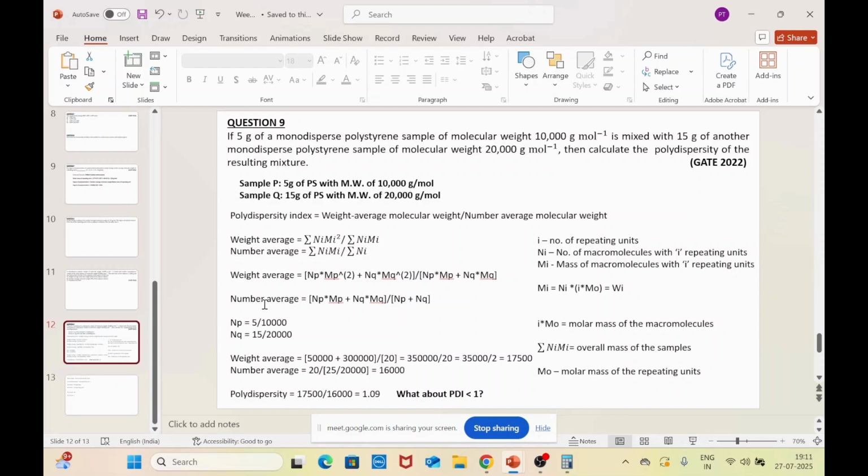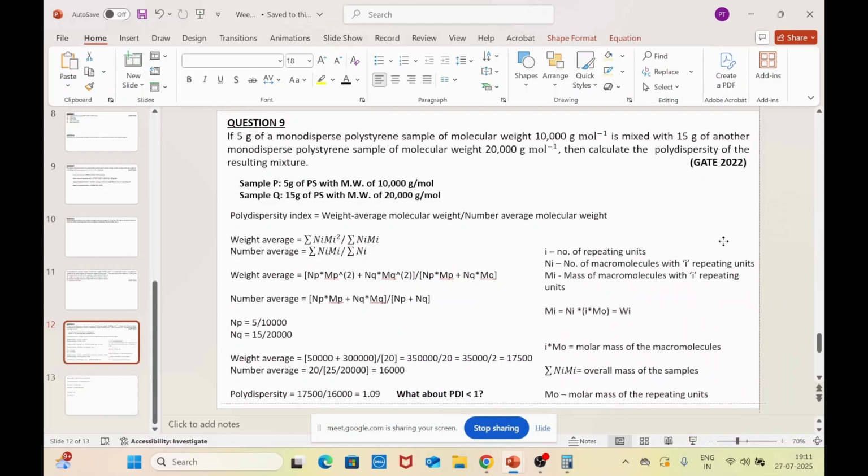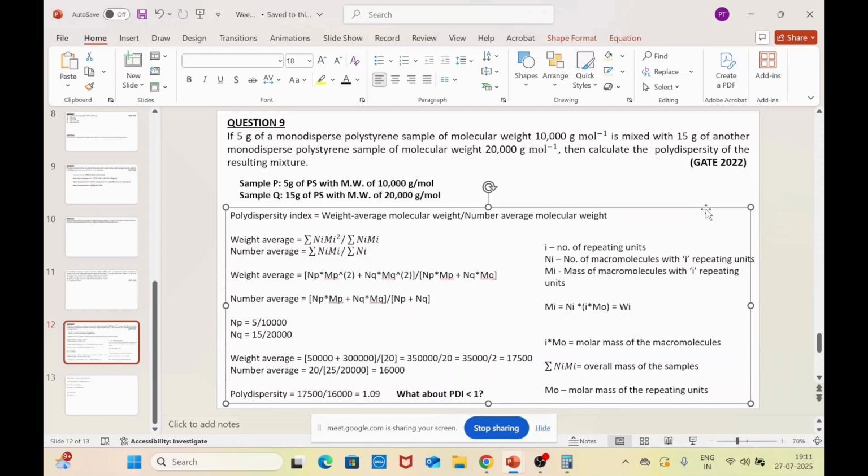Derivation in the sense I'm not able to... weight fraction. Let me just think about this.